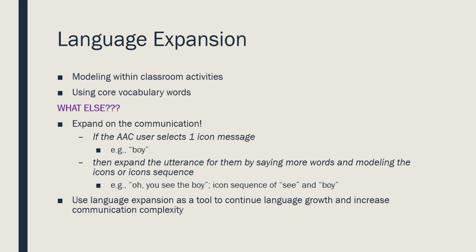For example, if the icon selected was boy, then the message can be expanded by saying, "Oh, you see the boy," while the icons see and boy are selected and sequenced. Language expansion is a great tool to continue language growth and increase communication complexity.